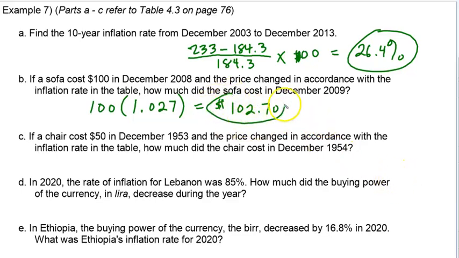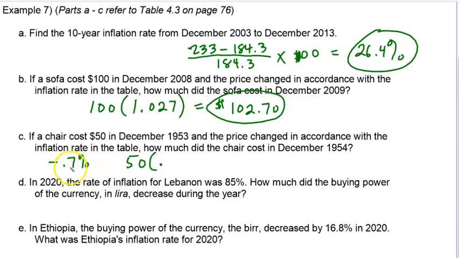Okay. If a chair cost $50 in 1953 and the price changed in accordance with the inflation rate, how much did the chair cost in 1954? We actually had deflation. If you notice, it went down negative 0.7% according to the table. So we're going to do exponential decay here, 50 times 1 minus the rate of decay.